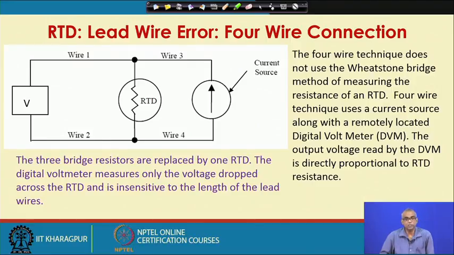There is another connection known as 4-wire connection for RTD. The 4-wire technique does not use the Wheatstone bridge method of measuring the resistance of an RTD. The 4-wire technique uses a current source along with a remotely located digital voltmeter. So, this is the resistance element, this is the current source and this is the digital voltmeter.